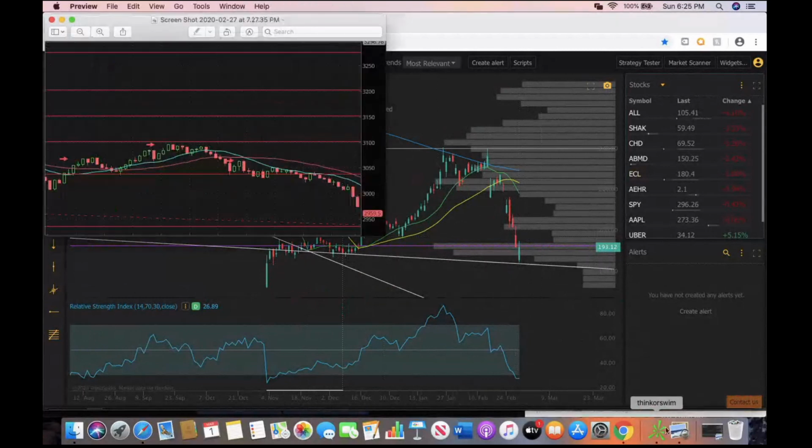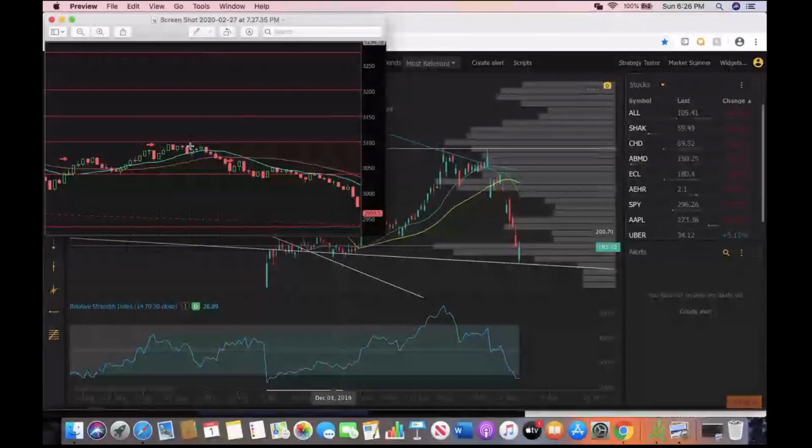But what I wanted to go over as well is I wanted people to understand levels and patterns. And this is something I saw on Thursday. This is the SPY future. So here we have the opening. Actually, let me pull it up here.